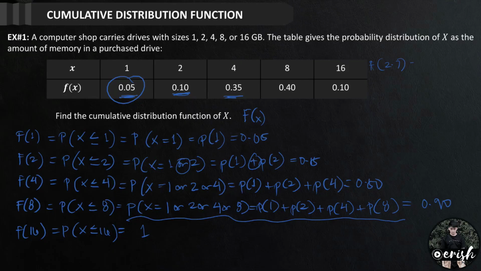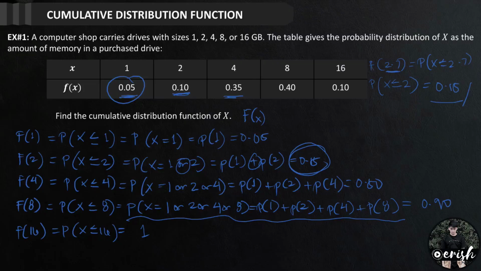Isulat natin, this is P of x less than or equal 2.7. Ang pinakamalapit na value dyan to the left is yung P of x less than or equal to 2. Ito yun. So, meaning, the probability of the given random variable value na 2.7, if ever bibigyan tayo ng ganyan, it will be equal to 0.15. So, ito yung magiging probability niyan.